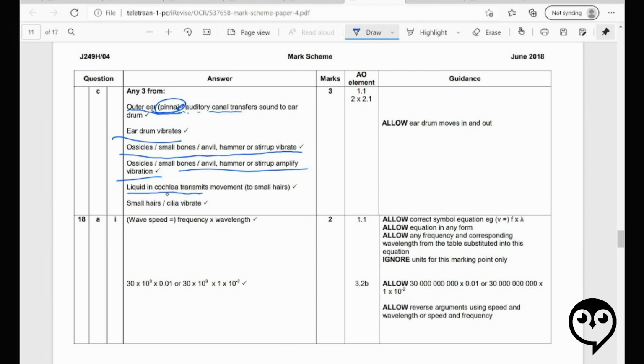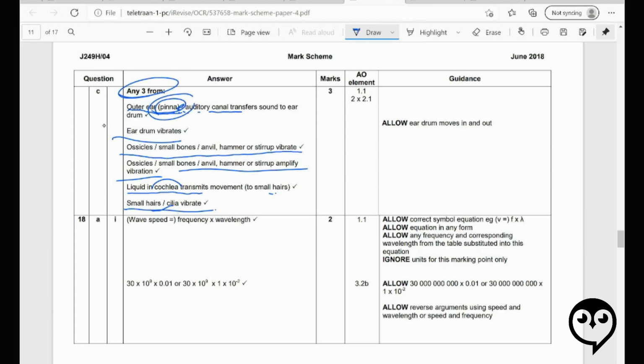Liquid inside the cochlea transmits to small hairs, and these little small hairs will kind of vibrate. You can think of like an ocean current with the little seaweed at the bottom of the ocean floor kind of swaying with the vibrations and the waves. And then we said the small hairs vibrate. So any 3 from, okay, so I missed the outer pinnae, but that's fine.